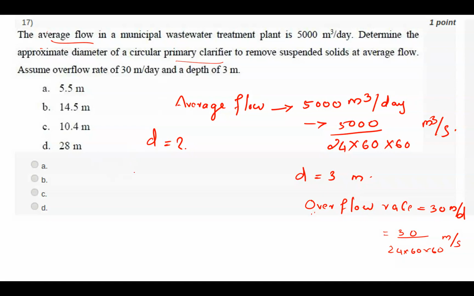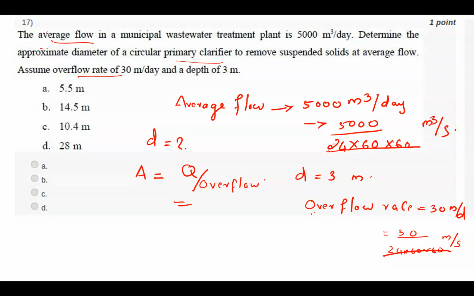First, you can calculate the area: area is equal to Q divided by the overflow rate, as already calculated in the previous question. So you don't need to convert, you can use the overflow rate directly.